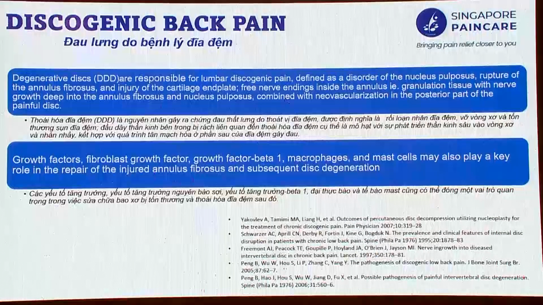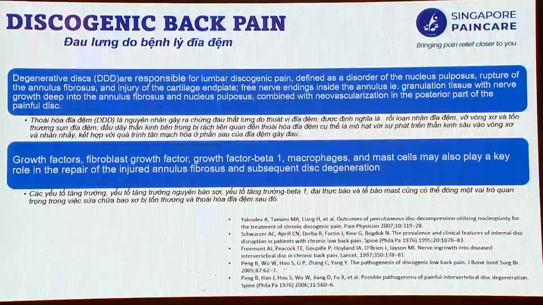There are also a lot of free nerve endings, whereby there's ramification of pain fibers that grow into the posterior annular space, forming granulation tissue. And there is neovascularization of the posterior annular space of the disc itself.